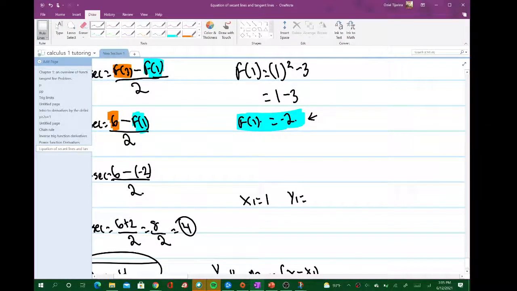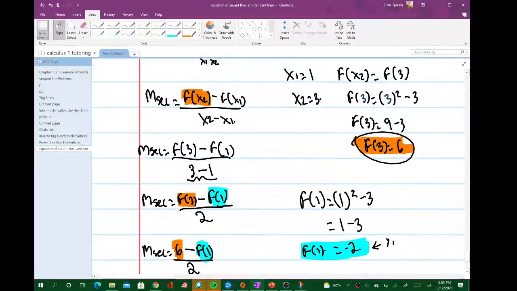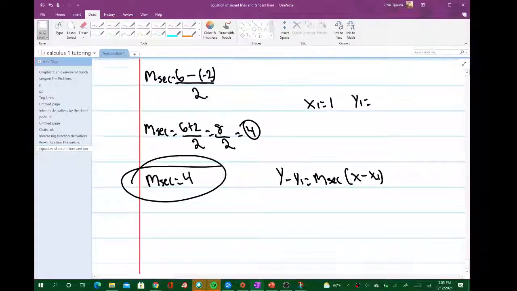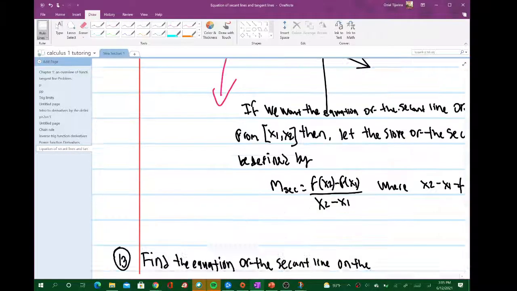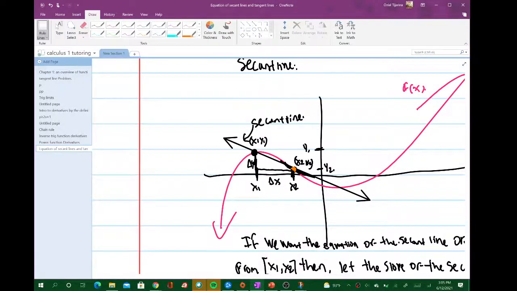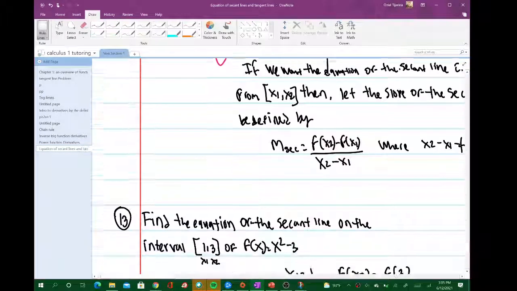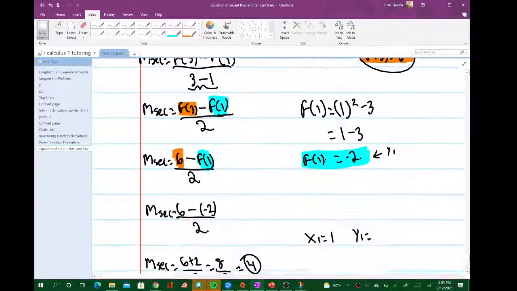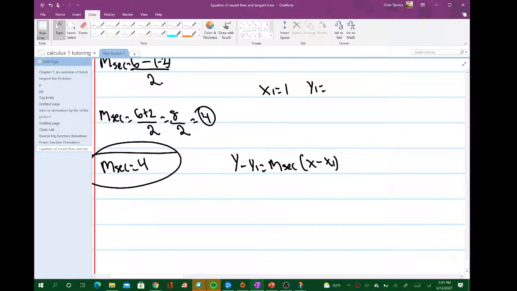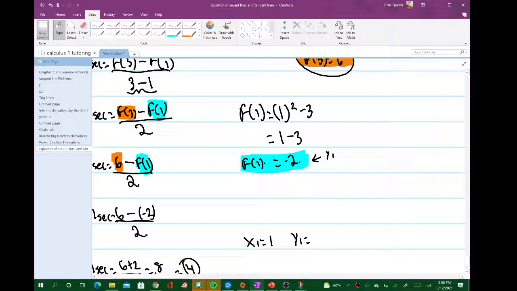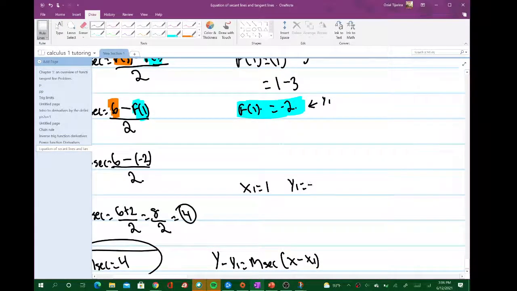In any equation, wherever x1 is, y1 is just going to be the output of that. So y1 is whenever x equals 1 in f of x. So we found f of 1, and it was negative 2, so y1 is going to be negative 2.